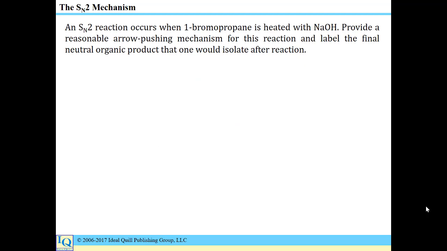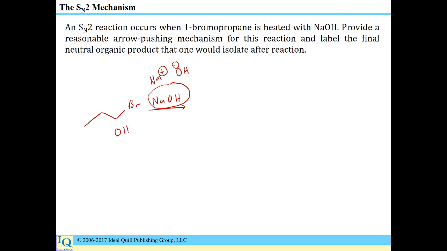In this case, we're told that an SN2 reaction occurs when 1-bromopropane is heated with sodium hydroxide. We are asked to provide a reasonable arrow-pushing mechanism for this reaction and to label the final neutral organic product. The first thing we have to do is recognize that the sodium hydroxide is an ionic species. So in a solvent in which it is soluble, you'd expect some dissociation into sodium and hydroxide.